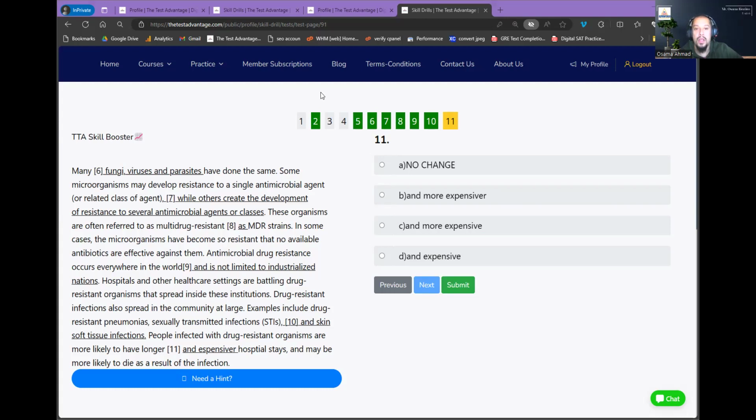Good. Look, we need parallel structure. So they have longer, so there's gonna be parallel, and more expensive. Answer C, that's the parallel answer, right? ER and ER. More is ER.